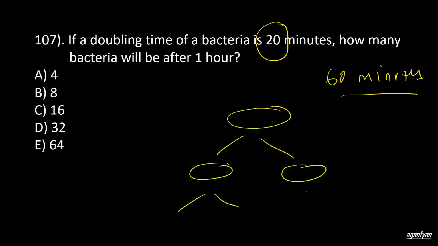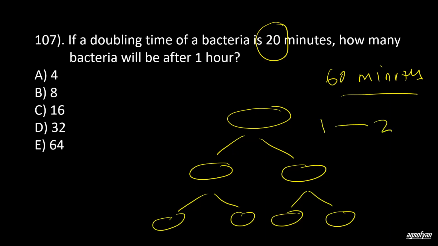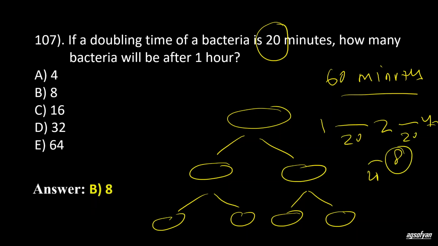So after 60 minutes, from 1, 2, 4, 8. This is 20 minutes, 20 minutes, another 20 minutes. It's going to be 8. So after 1 hour, the bacteria become 8.